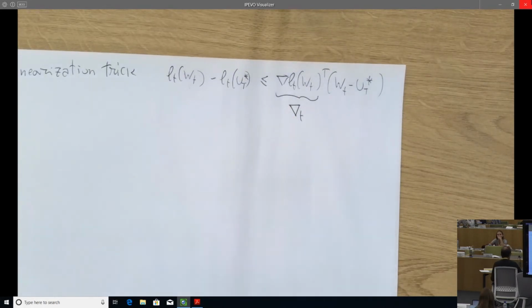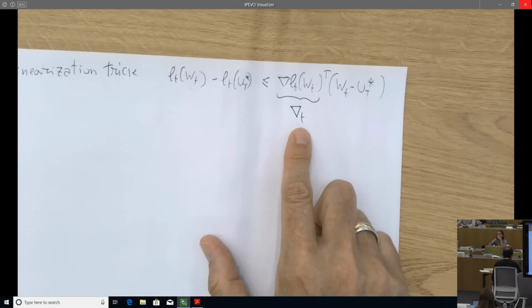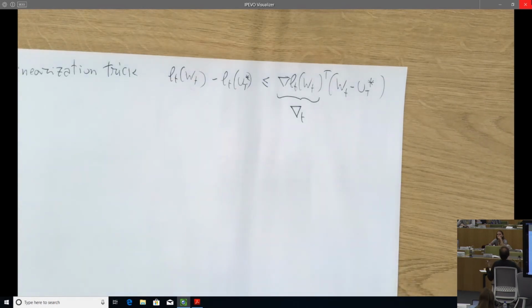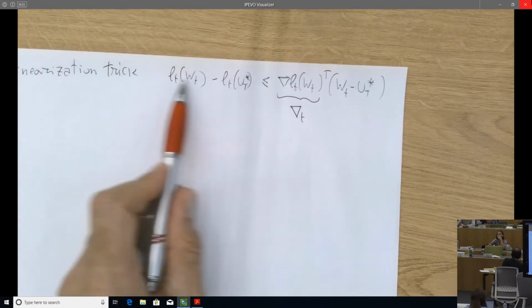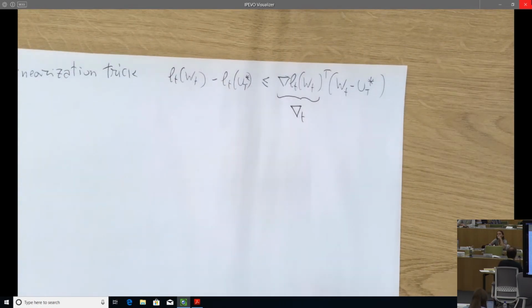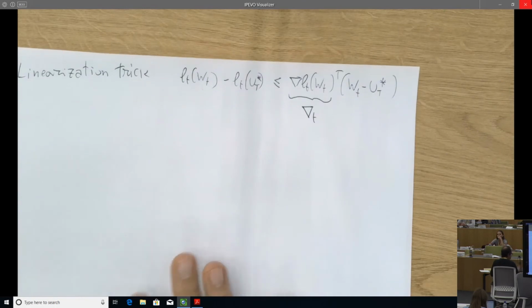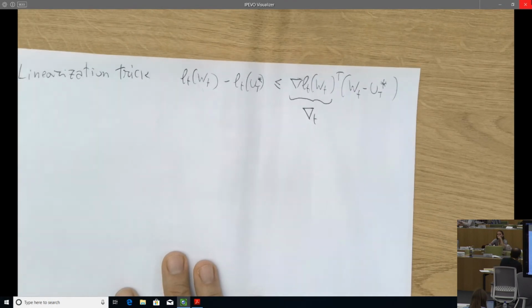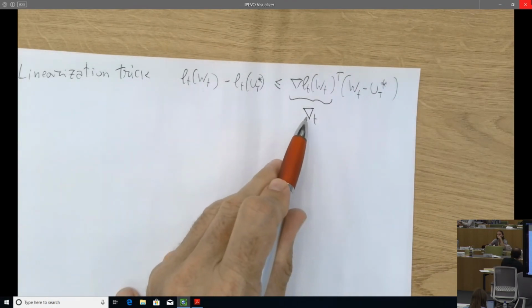So I can pretend losses are linear, and the components of the gradient of the losses upper bound this difference here. I can actually rewrite the algorithm pretending that these are linear losses.